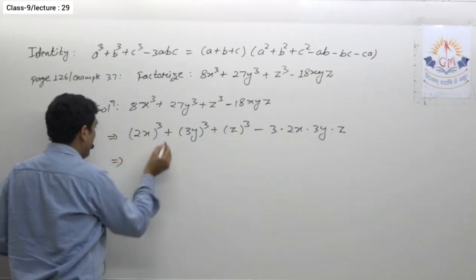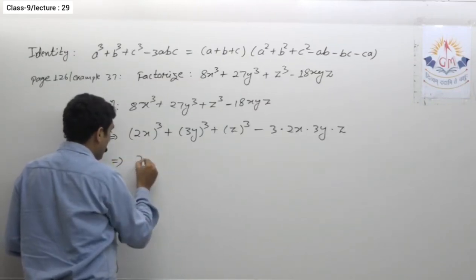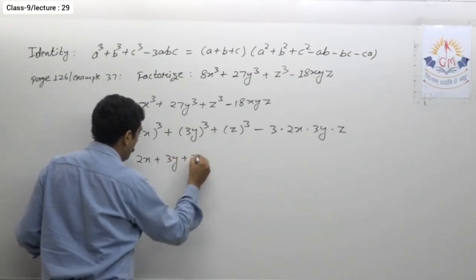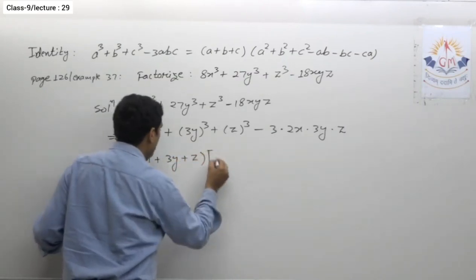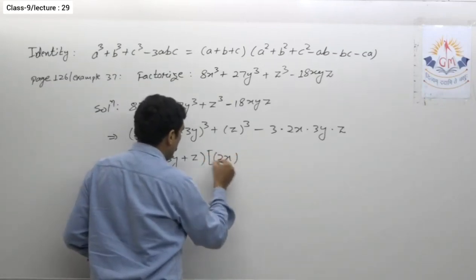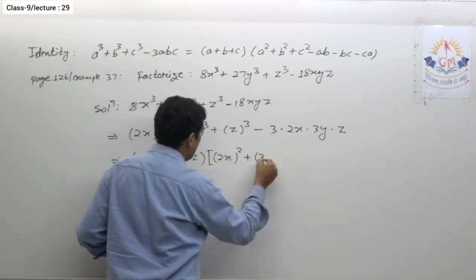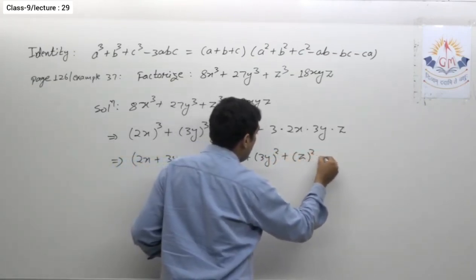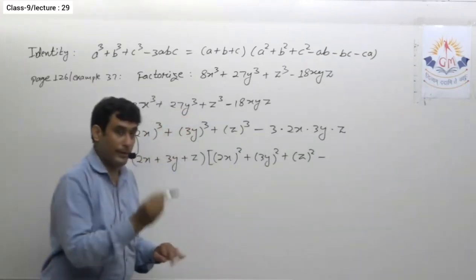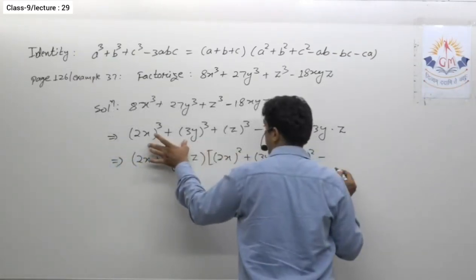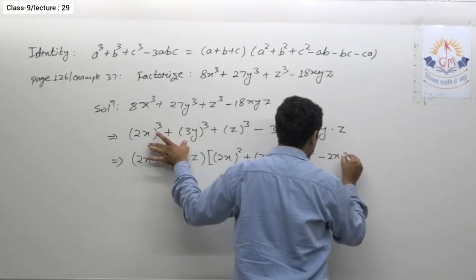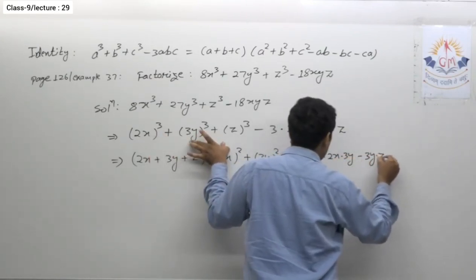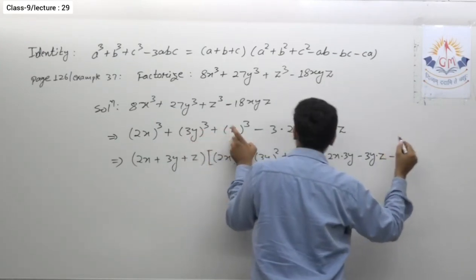Hence we can write this as a plus b plus c in the first bracket, and in the second bracket a square, that is 2x square, plus b square, that is 3y square, plus c square, that is z square, then minus ab minus bc minus ca. That means minus of 2x into 3y, minus of 3y into z, minus of z into 2x.